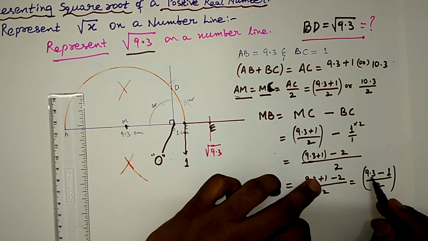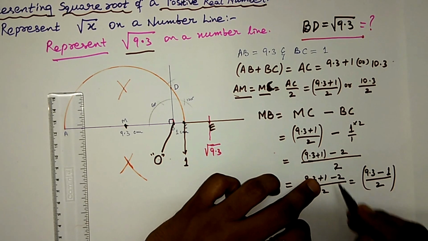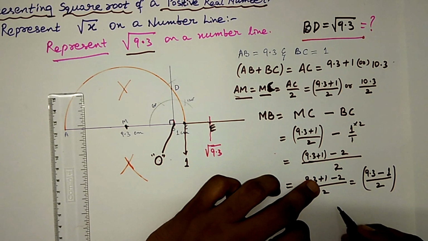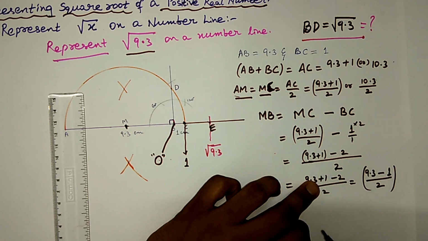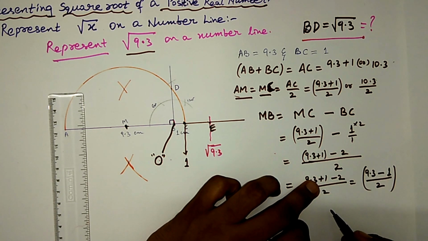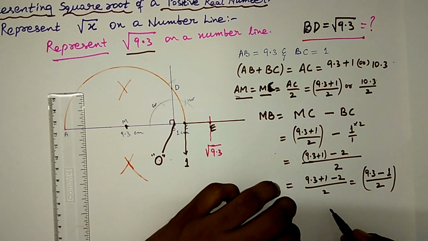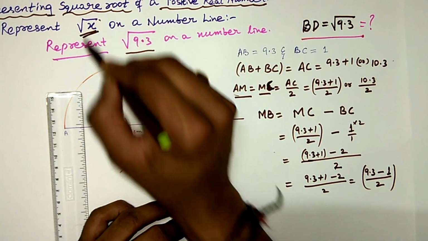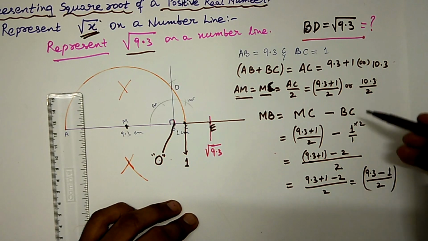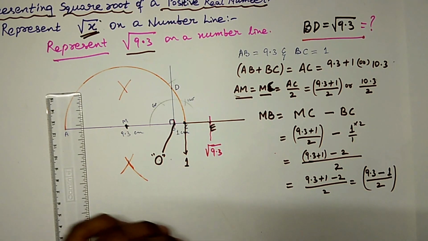Why am I keeping all the time 9.3 minus 1, 9.3 plus 1? Instead of that, can I write 10.3 by 2? Yes, we can do it. I have in my mind showing you root x, for that I am doing in this way.